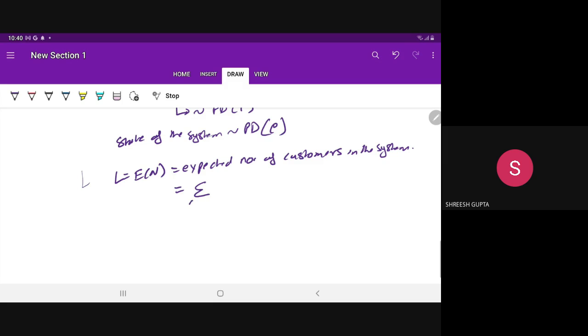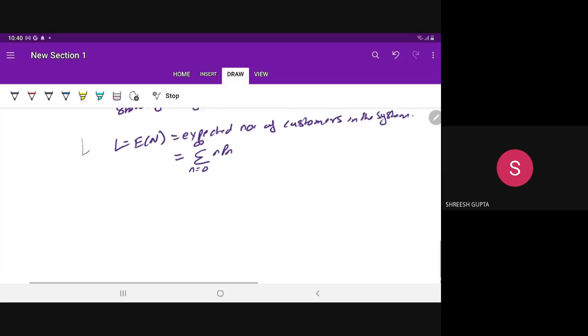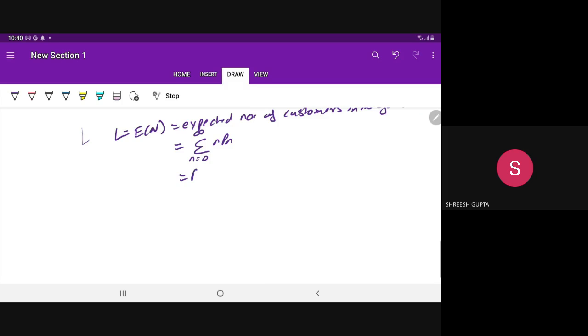It is the summation n is equal to 0 to infinity n into Pn, which can be written as P1 plus 2P2 plus 3P3 plus 4P4 plus nPn plus and so on.